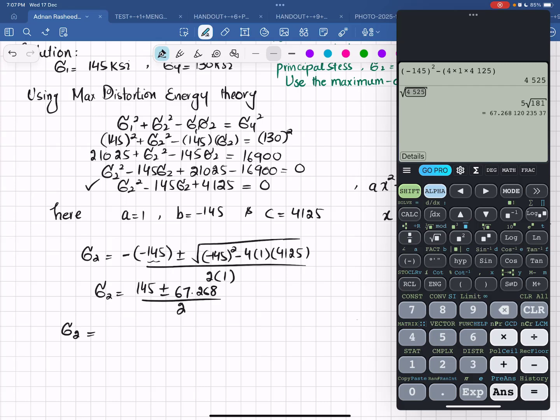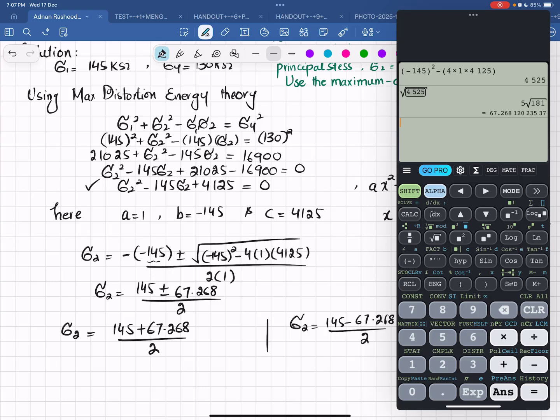So here we have two roots. The first one will be 145 plus 67.268 divided by 2, and the second root will be sigma 2 is equal to 145 minus 67.268 divided by 2.